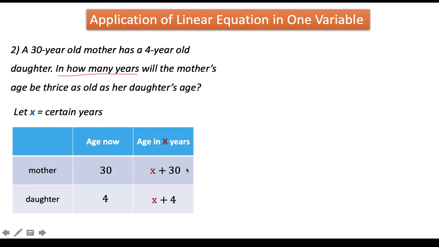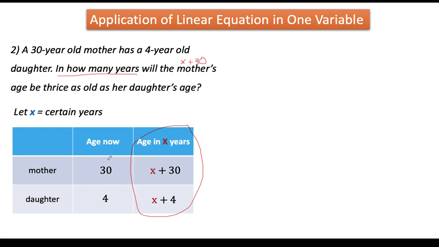After completing our data, we are now in the process of writing our working equation. Using the second sentence, in how many years? So we are on this time element, a certain year that we do not know. The mother's age is represented by x plus 30.